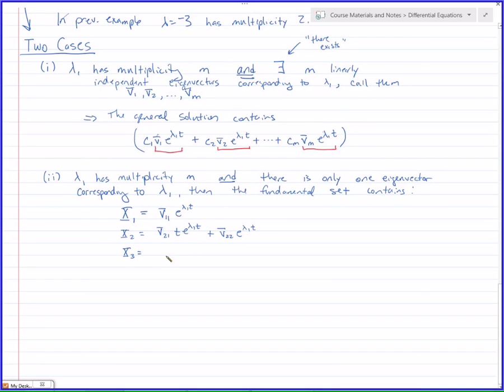x3 is another vector, v31, and it's going to be multiplied not times t, but actually times t squared over 2, e to the lambda 1 t, plus v32 t e to the lambda 1 t, plus v31 e to the lambda 1 t.